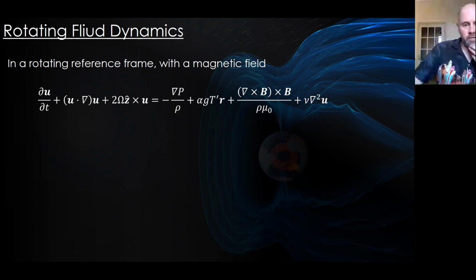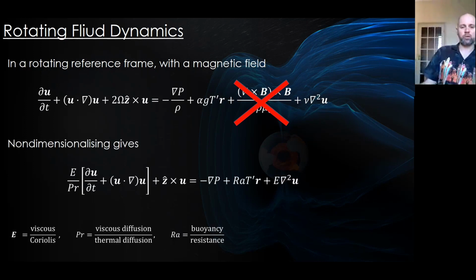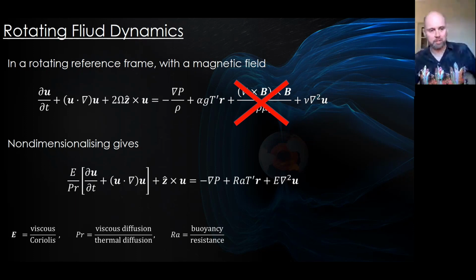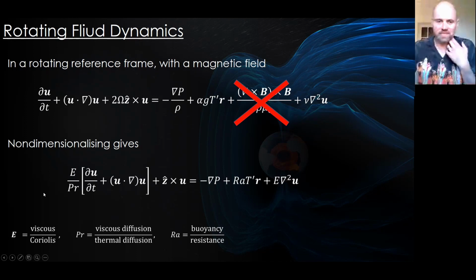First of all, because they're both very complicated, we'll cross out the Lorentz force and have a look at what happens then. If we do that, again, we write this in a non-dimensional form. It's really helpful to write things in dimensionless forms because we have fewer variables, and the parameters we have left tend to be ratios of important effects.